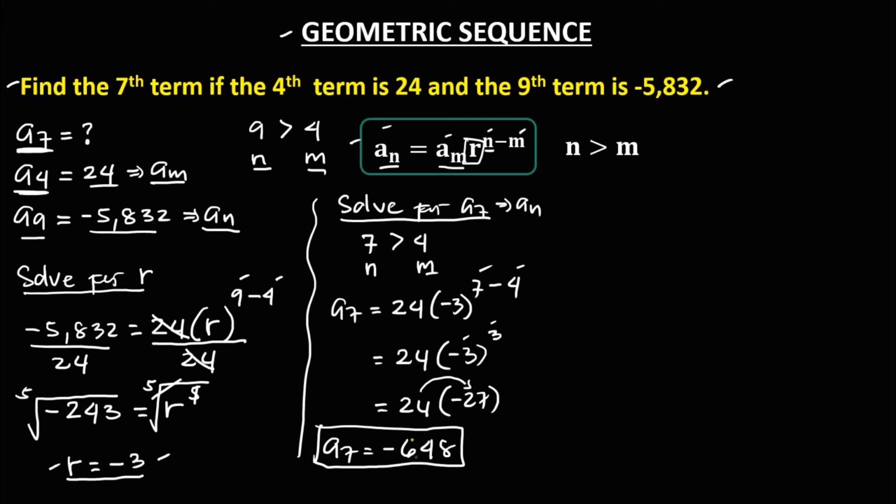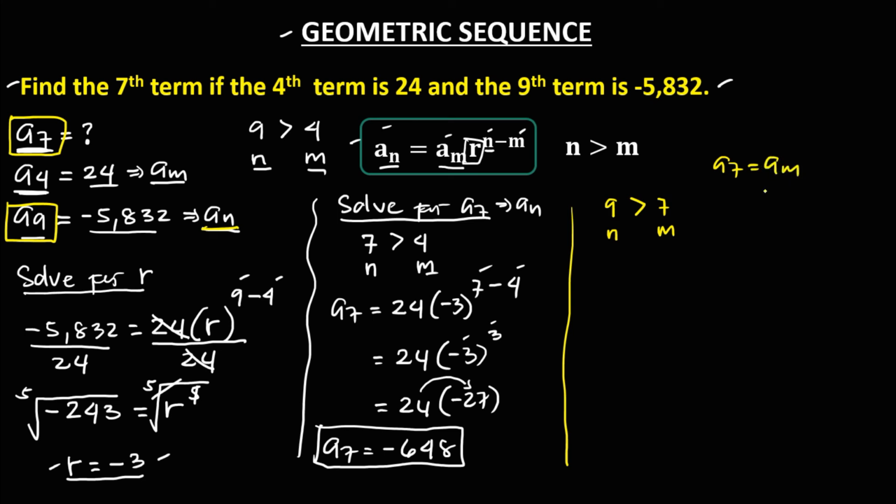Then the other option to solve for the seventh term is using a sub 7 and a sub 9. Since 9 is greater than 7, n is equal to 9 and m is equal to 7. So a sub 9 is a sub n and a sub 7 is a sub m.